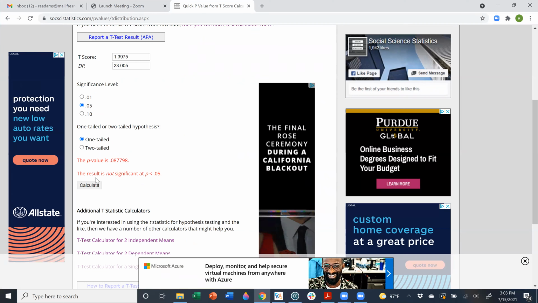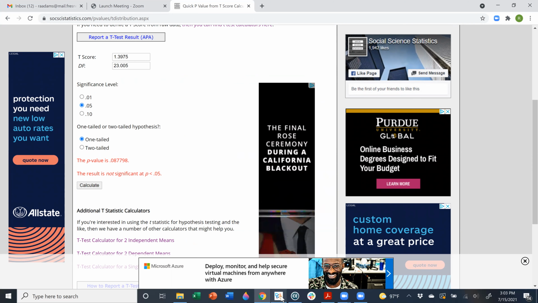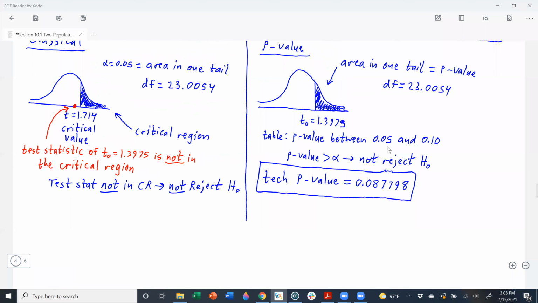Okay, so that's the same that our calculator gave us. So that's excellent. And then like our decision, the result is not significant because the p-value is greater than the 0.05. Okay, so that p-value is 0.08. So the table was right.